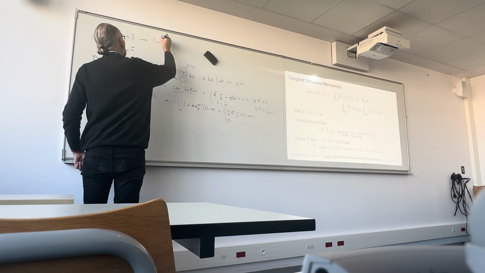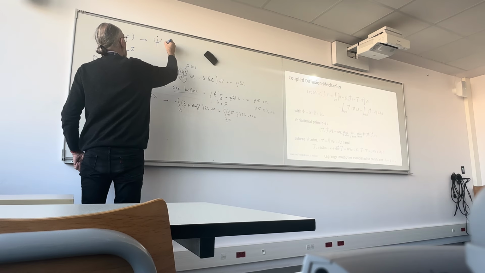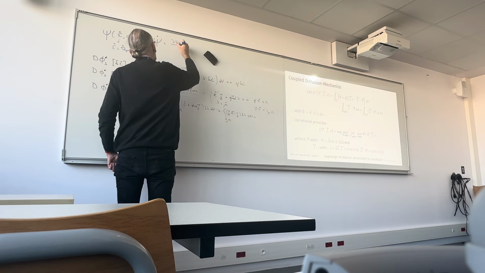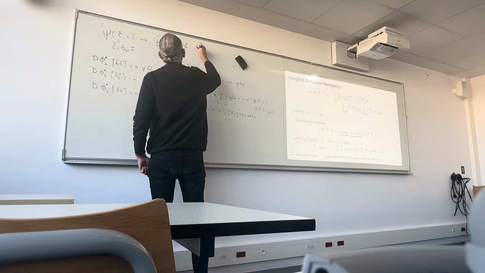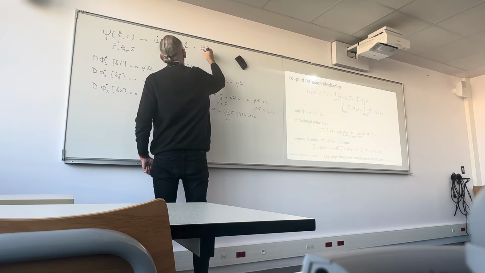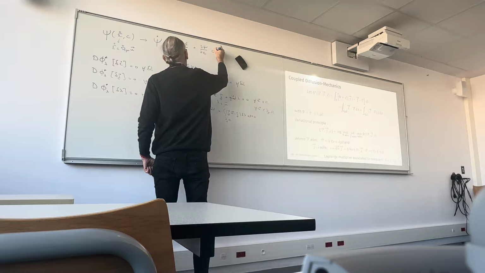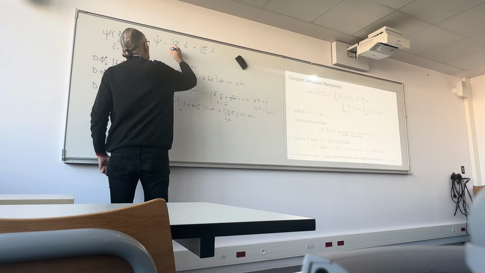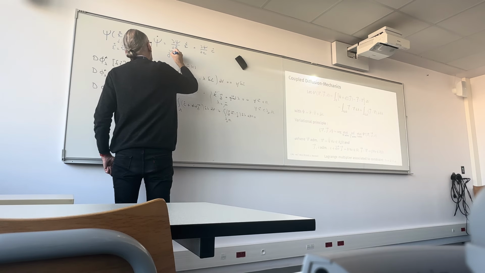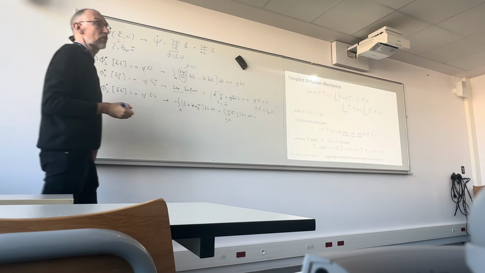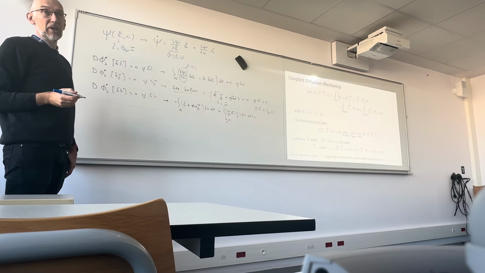So this means that psi dot is going to be, and I consider a relation giving me sigma as a function of c.